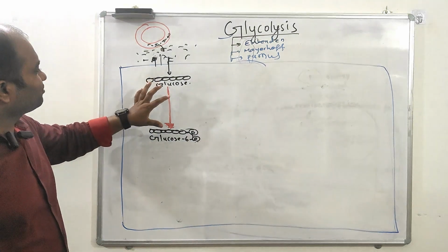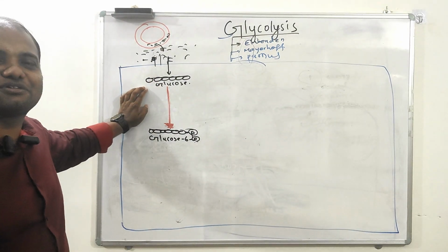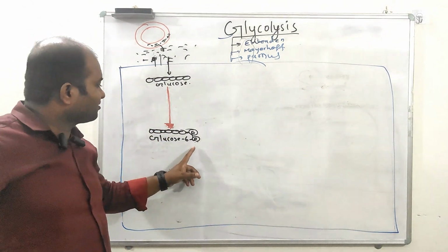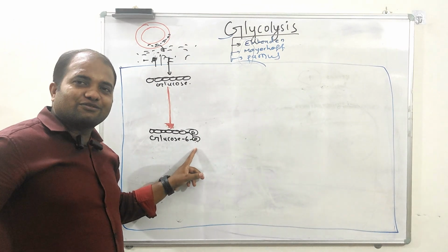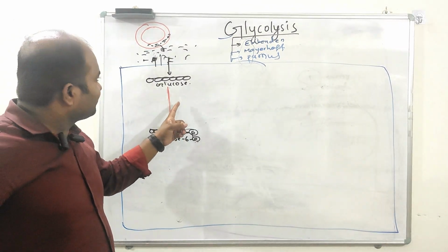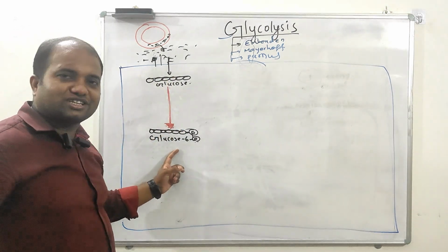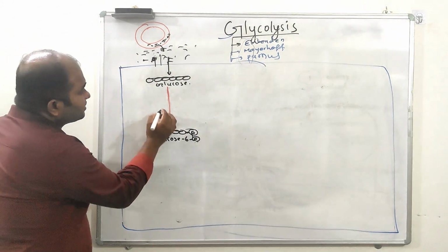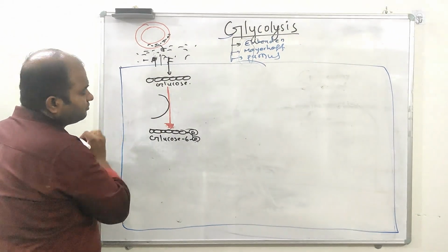I want to tell a few more things about this step. First, I want to highlight where this phosphate comes from, and which enzymes convert glucose into glucose 6-phosphate. Let's assume this phosphate comes from ATP.